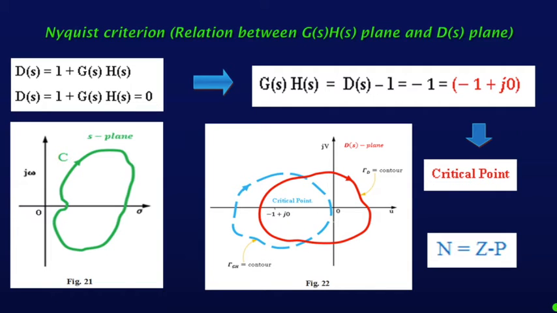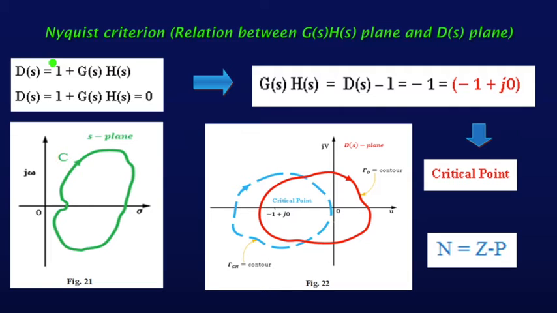For a feedback system, the necessary and sufficient condition is that all zeros of DS, that is the roots of the characteristic equation, must have negative real part. They must lie in the left half of the S-plane. The Nyquist criterion determines the presence of zeros in the right-hand side of the S-plane.